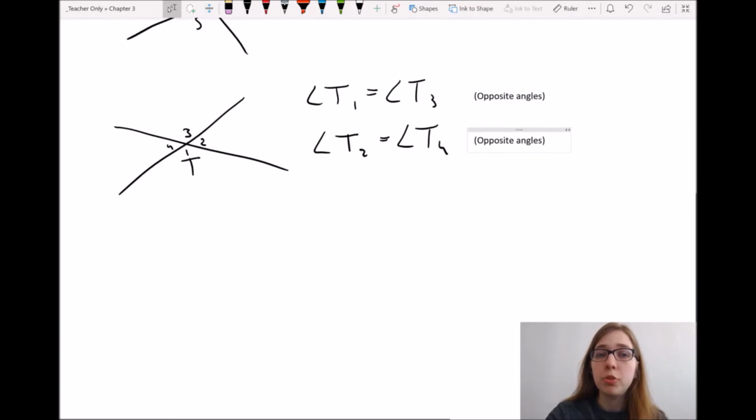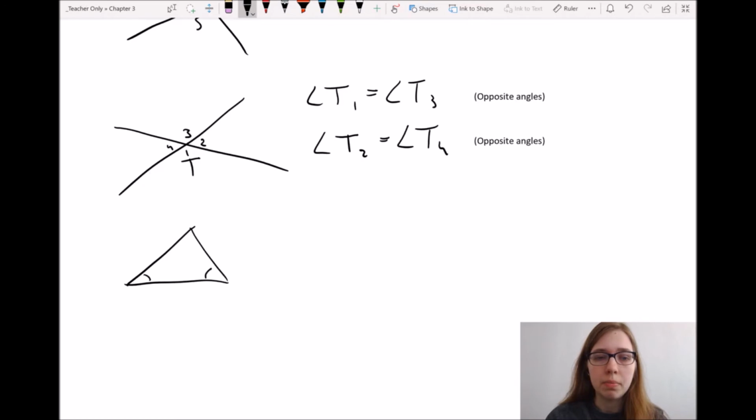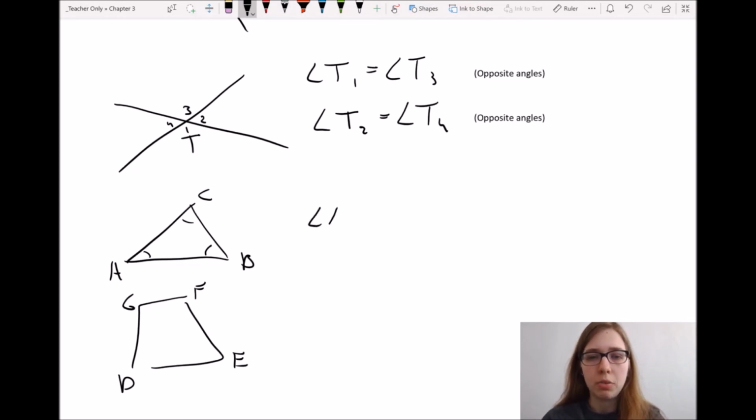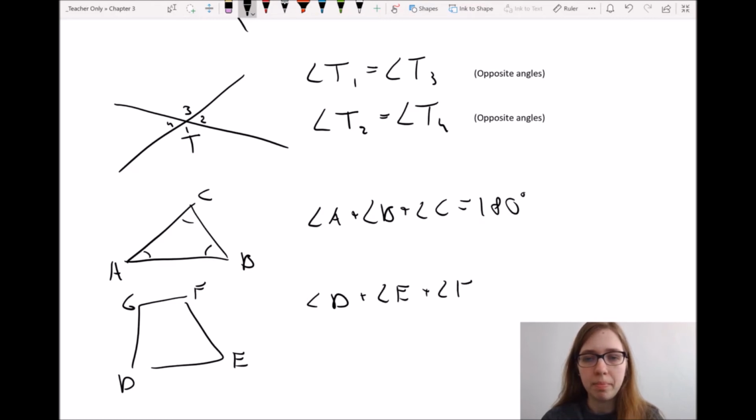One that we're still going to prove, but which we also kind of already know, is what happens in a triangle with the angles, or in a quadrilateral. We know that angle A plus angle B plus angle C is 180 degrees, and we know in a quadrilateral, angle D plus angle E plus angle F plus angle G is 360 degrees.